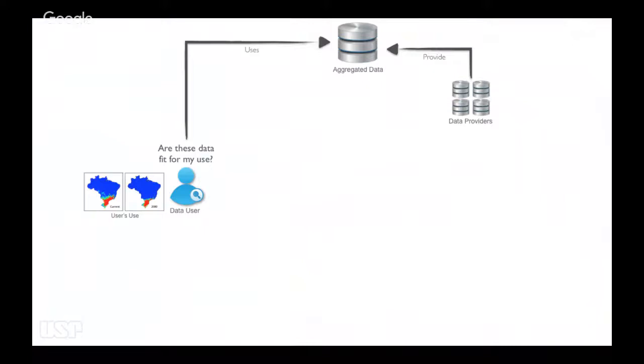This is very useful because we have a lot of data available for a myriad of uses. The problem is, as this data comes from different sources, in the aggregator we may have very good data mixed with data that's not so good.